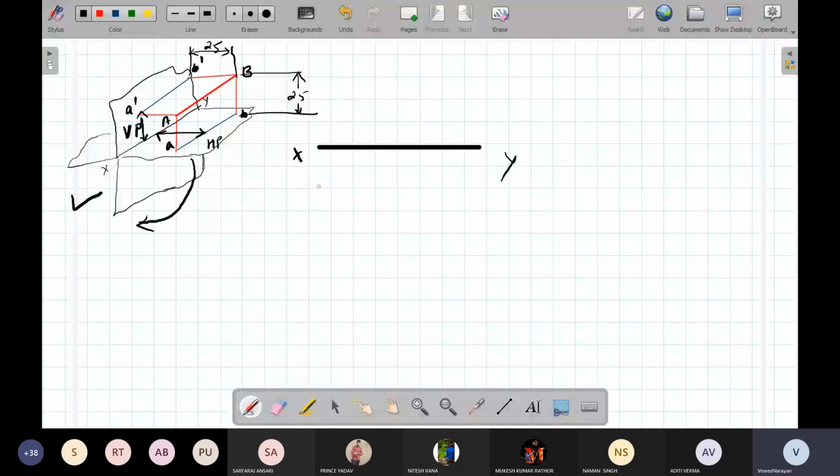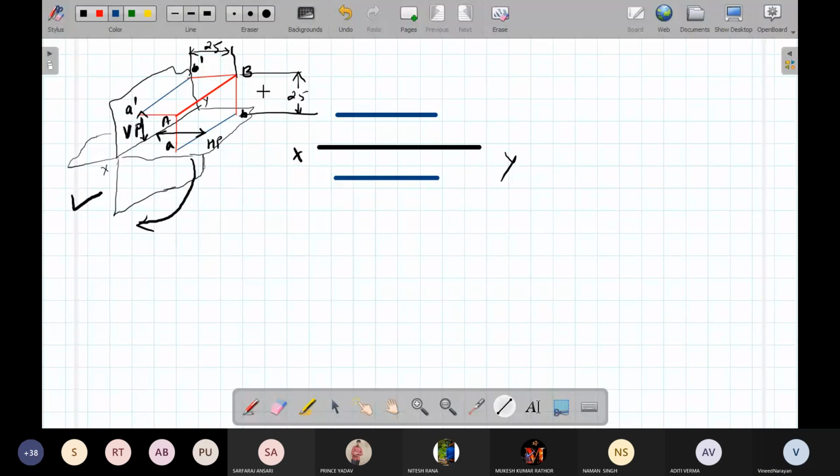So this is the front view, and the top view will come below xy.